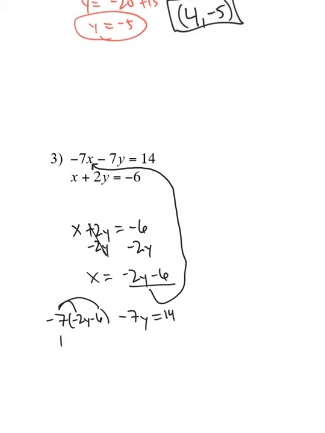So I get positive, that's negative 7 times negative 2, so that's positive 14y plus 42 minus 7y equals 14.